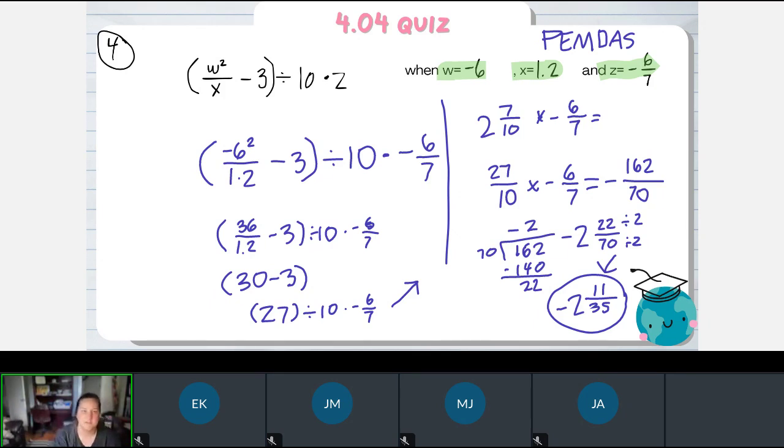We've got one more. I'm going to leave this up for just a second. And then we'll do number 5, and that will be our last one for today.